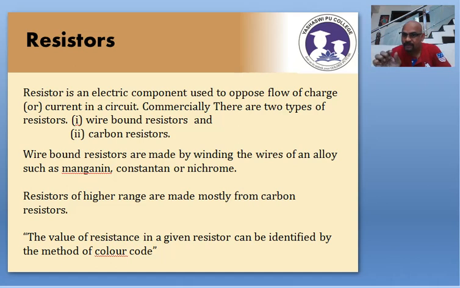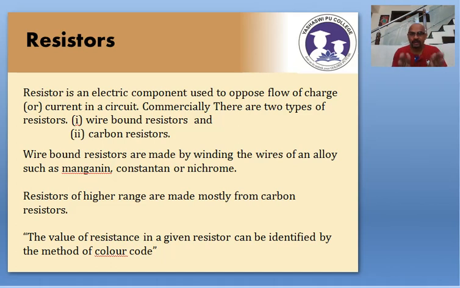Because the size of the carbon resistor is very small, the value cannot be printed on it. Instead of that, colored rings will be there. By looking at the colored rings on the carbon resistor, we can measure its value of resistance. That is known as color code, and we will learn that later.